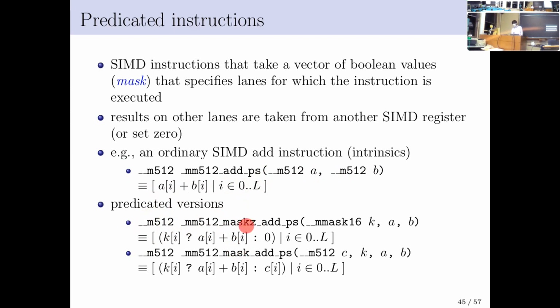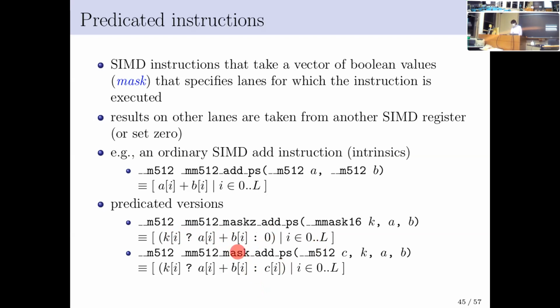With mask Z, on each lane specified to be executed using the mask variable, if that lane of the mask is set, then you execute the instruction, and otherwise 0.